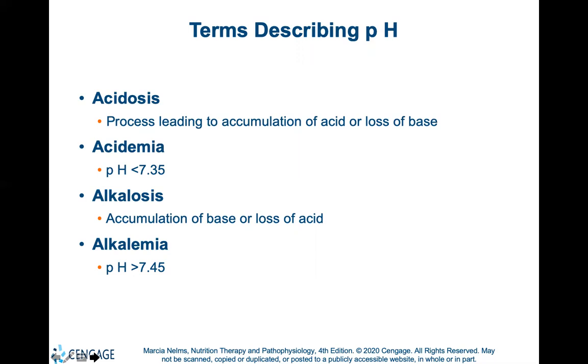Alkalemia is the condition where an actual increase of pH greater than 7.45 is observed. In clinical practice, this distinction is generally not made, and the terms acidosis and alkalosis are used to refer to abnormal pH.